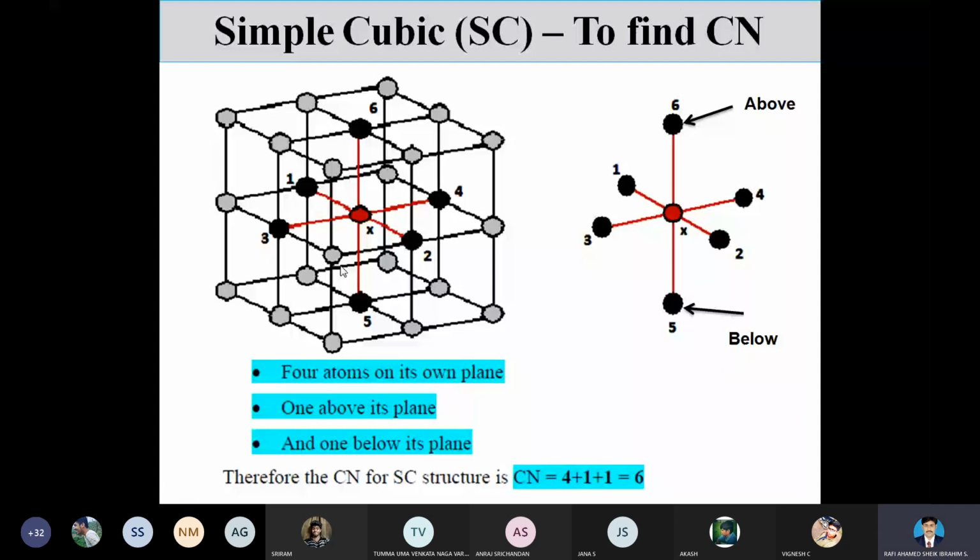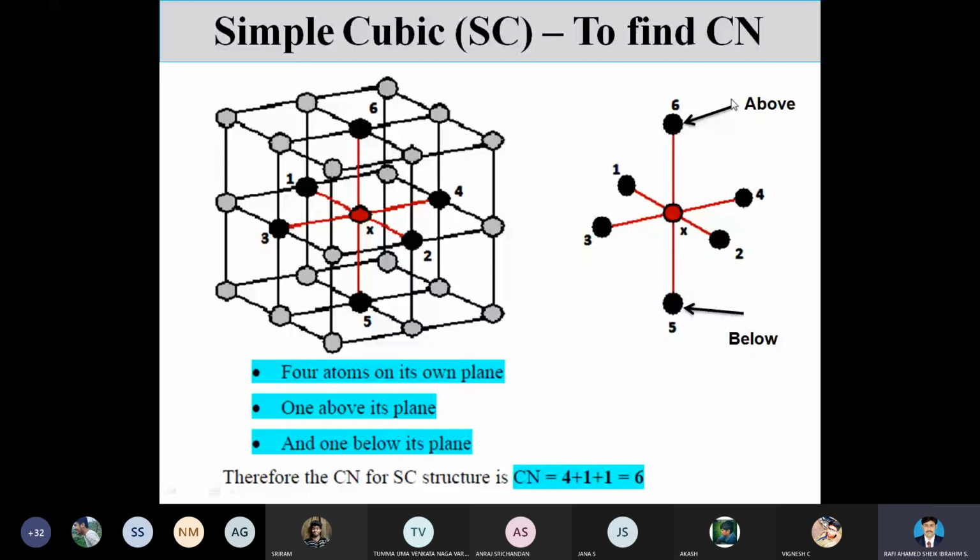For this reference atom X, the nearest neighbor is also another atom above that plane, which we have mentioned here as 6. For this reference atom X, we have another nearest neighbor atom below the plane, which we have mentioned here as 5. So the total number of coordination atoms for this reference atom X is 6.